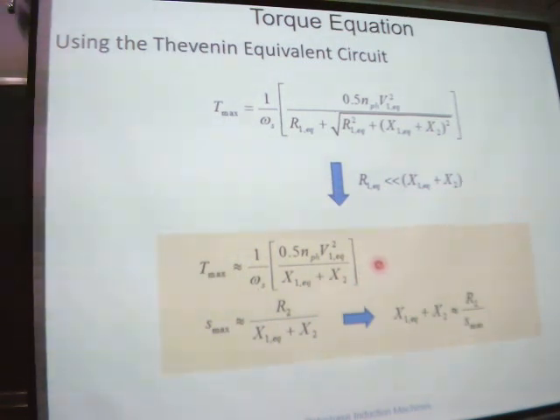And at this time we can get the slip presented here, and the reactance is equal to R2 over S. So this is the maximum torque equation.